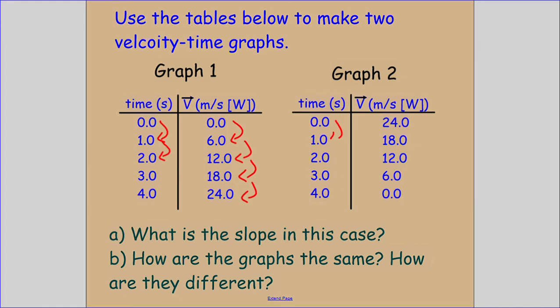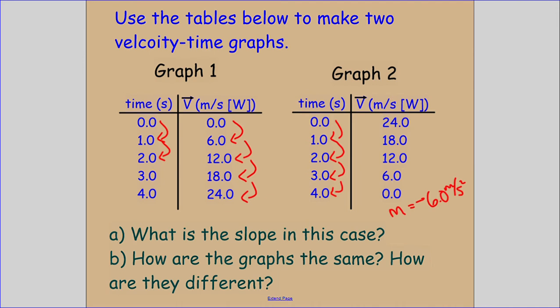I can see that I'm jumping by single digits, by 1, 2, 3, and 4, and then the other one is decreasing, 24, 18, 12, 6. It's decreasing by 6 meters per second squared. So the slope in this one is going to be negative 6.0 meters per second squared. Okay, it's decreasing.